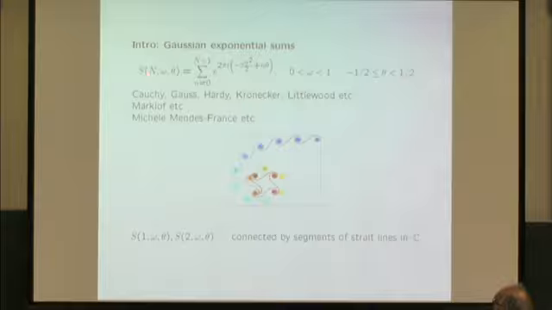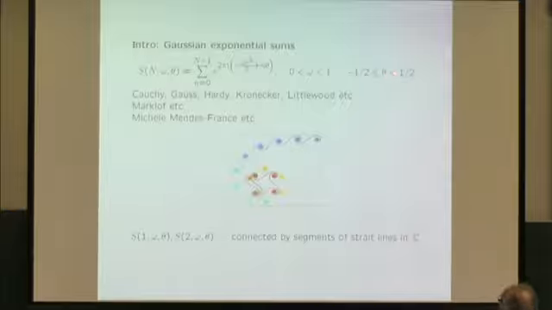So the nth sum is just the sum containing n exponentials, and the nth term is just the exponential of a second order polynomial of n, the index of summation. Here in this formula you have two constants, omega and theta. Omega is supposed to be a number between 0 and 1, and theta is between minus 1/2 and 1/2.